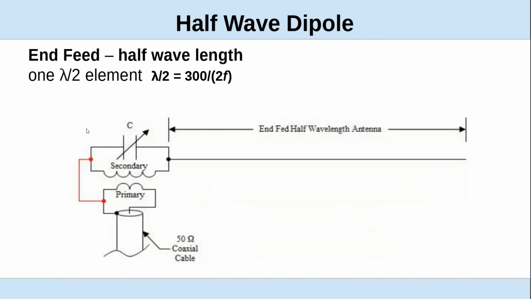Okay. So when we have an end fed, we normally feed it with a balun or unun. I guess it's actually an unun because it isn't balanced. And it's still a half wavelength antenna.